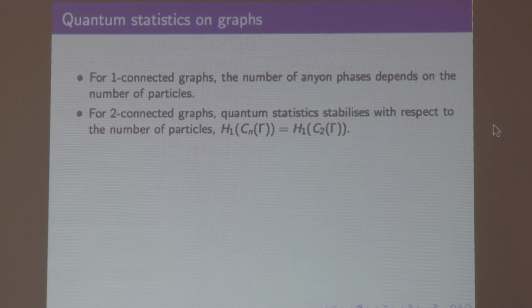I have a question, because in standard courses of quantum field theory, it is said that quantum statistics originates in relativistic causality. Yes, and here your approach suggests that it originates rather in the topology of configuration space.